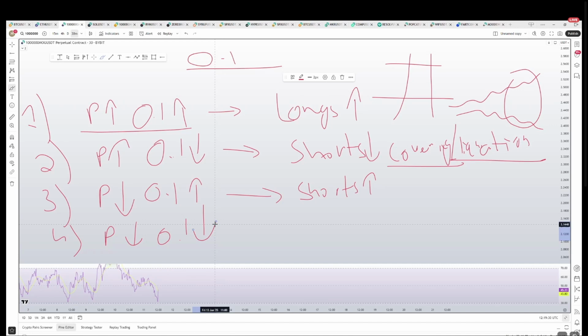It doesn't mean longs or shorts, it's just the number of contracts. So if more shorts were leading to the price going down, then the OI should have gone up, not down. So it's either longs reducing or shorts reducing. Shorts reducing makes the price go up, so that cannot be the case. So the case here is that the longs are reducing. The longs are closing, the longs are covering.